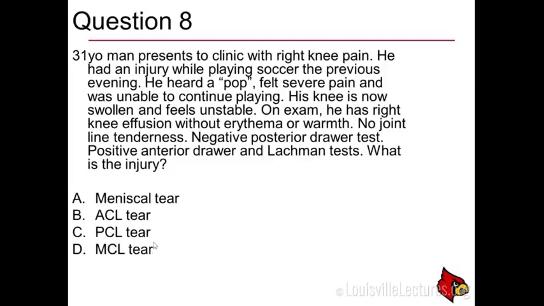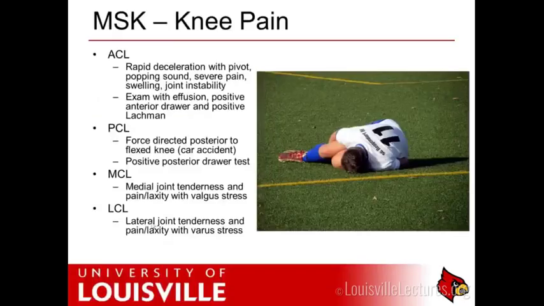All right, good. So this is an ACL tear, so rapid deceleration with pivot. You kind of hear this popping sound. You have severe pain, swelling, and joint instability. These people cannot continue playing if it was during an activity or athletic event. And then you have the positive anterior drawer sign and Lachman.